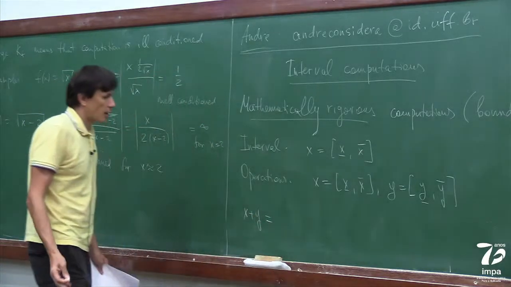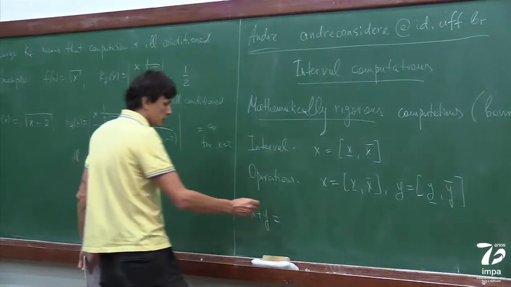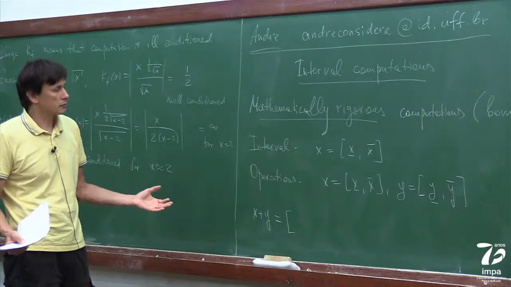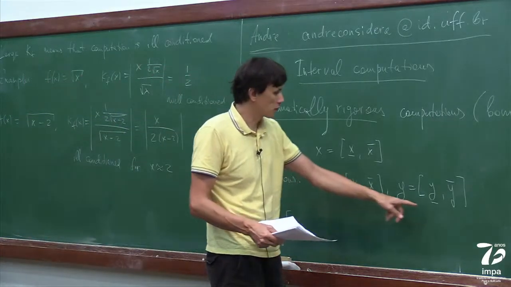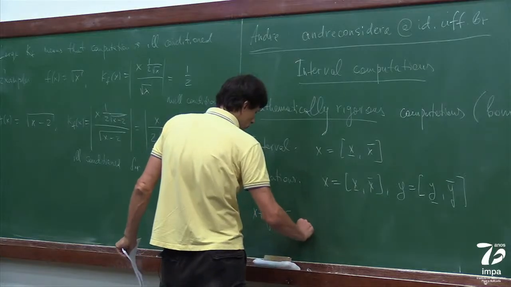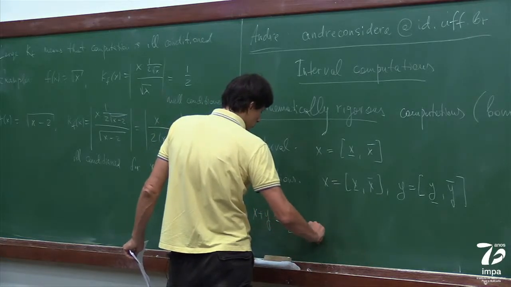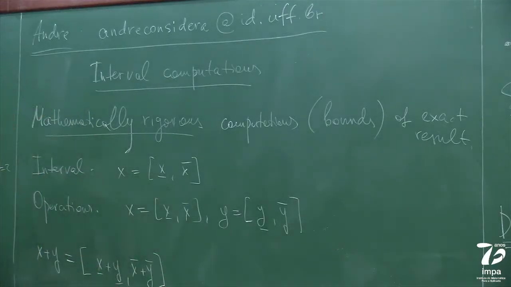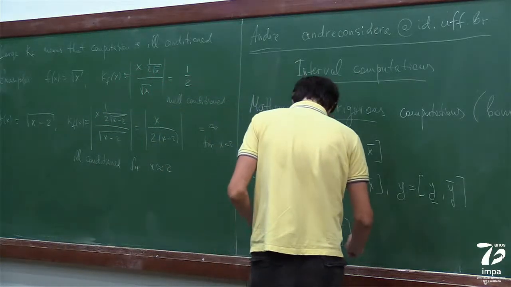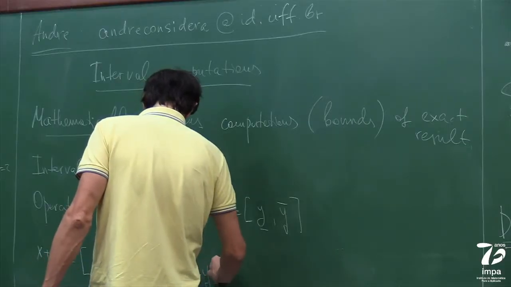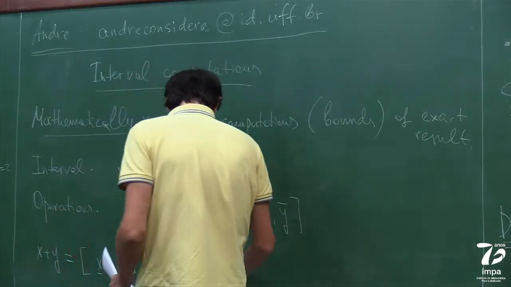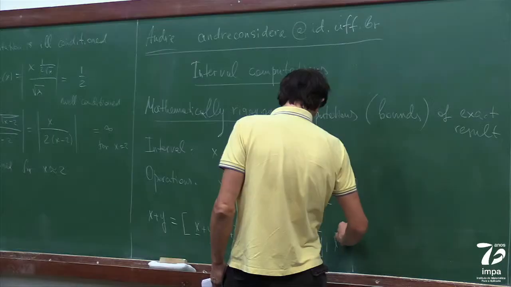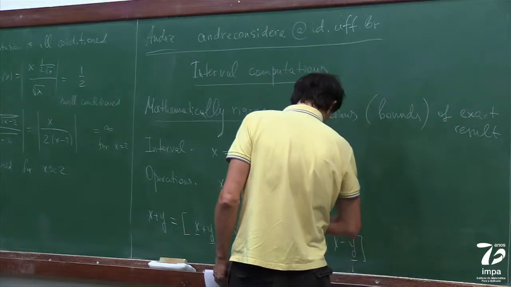The sum of the 2 intervals: the result of the sum lies between the sum of the lower bounds and the sum of the upper bounds. Okay, so that's elementary. Then the difference. You should put it the other way around, right? So it's lower bound minus upper bound, and then upper bound minus lower bound.